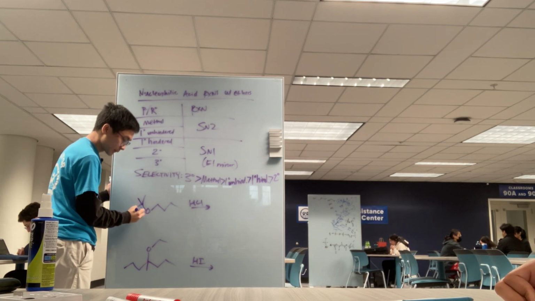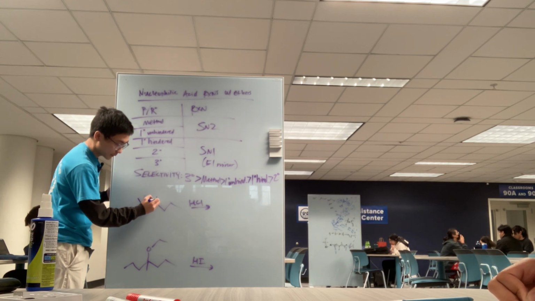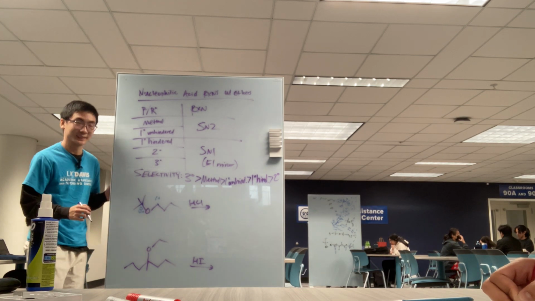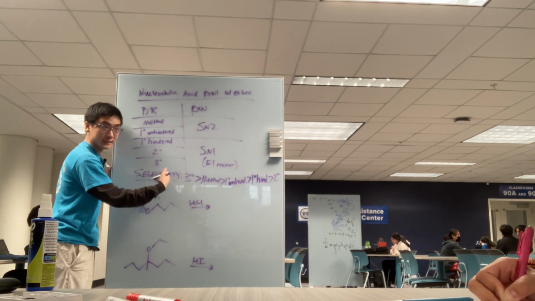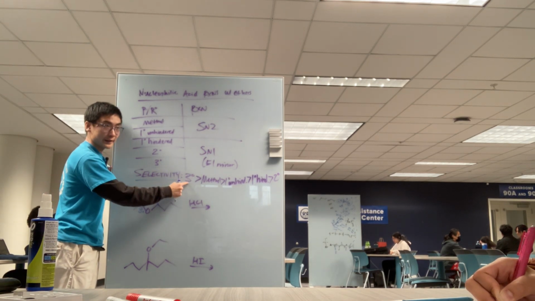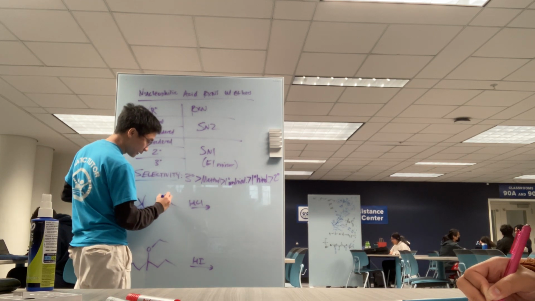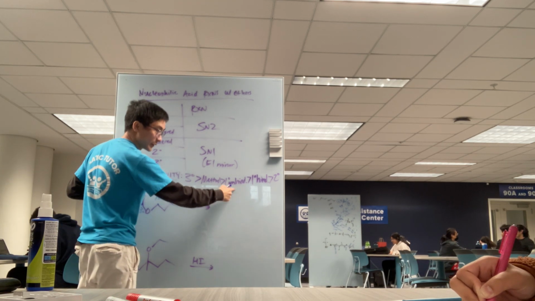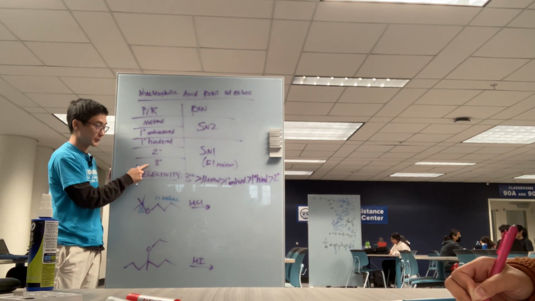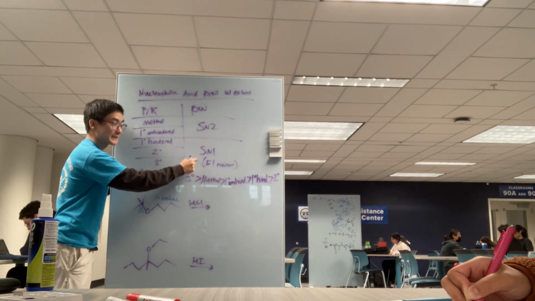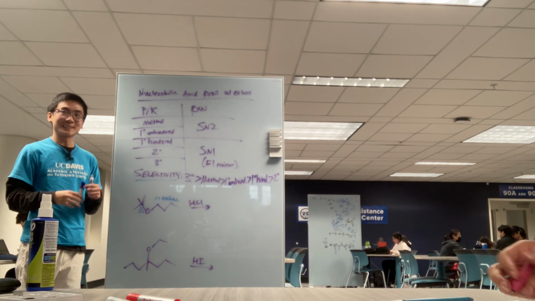This is a tertiary carbon because it's attached to 3 other carbons. This is a primary carbon because it's attached to 1 other carbon. Now if we look at the selectivity ranking list, tertiary is prioritized over primary unhindered carbon. So we're going to focus on this tertiary row of the table, which is an SN1 reaction.